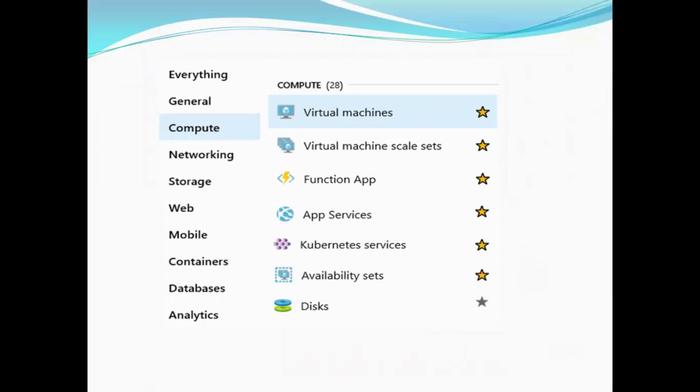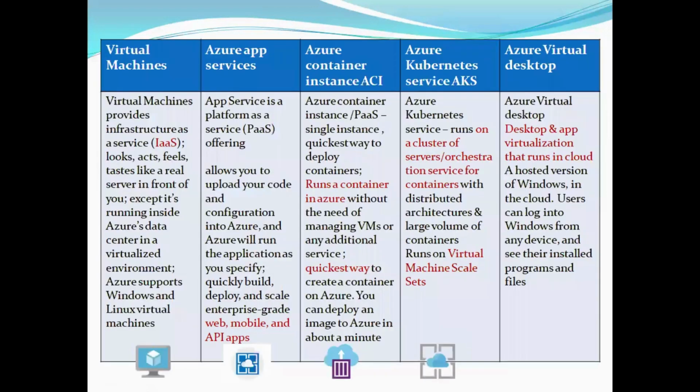Next are the Azure services like virtual machines, app services, and Kubernetes services. So now we'll see about that. The virtual machine exactly looks, acts, and feels like a real server in front of you.